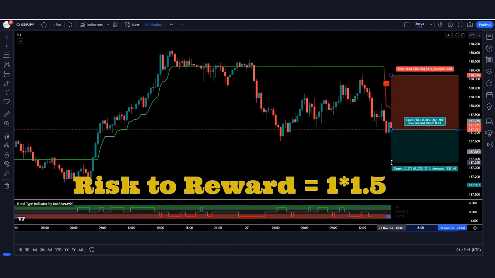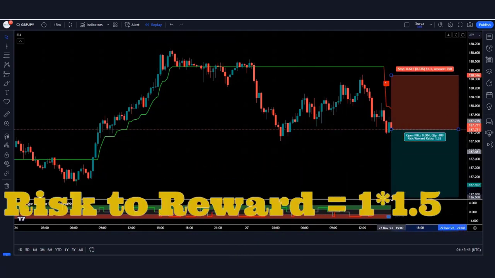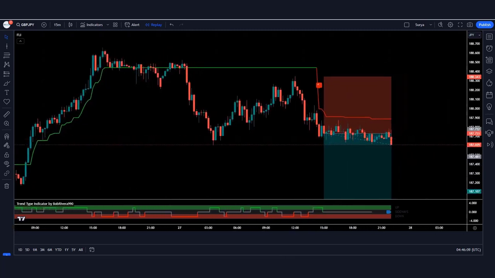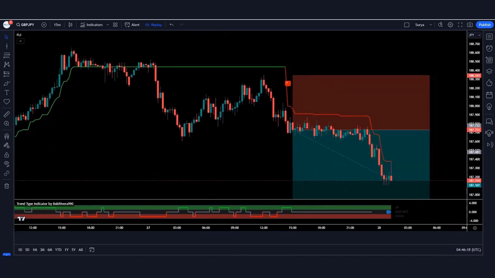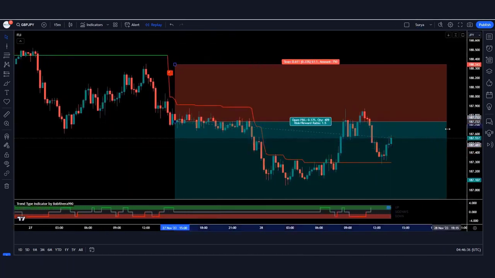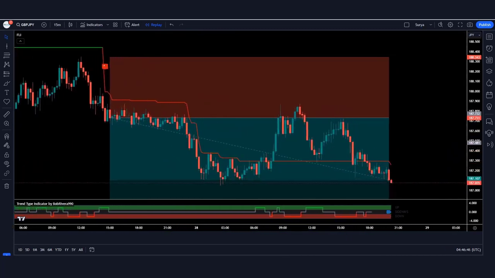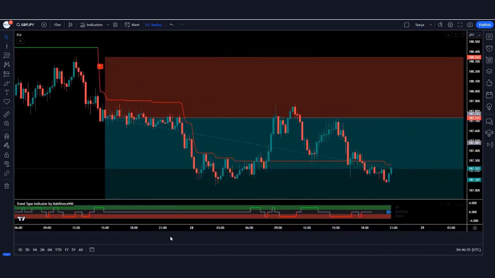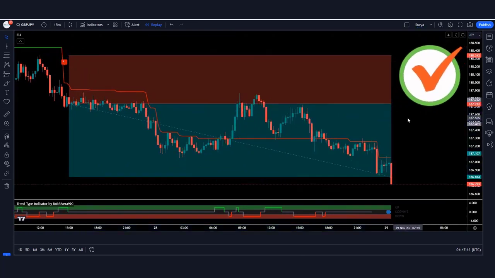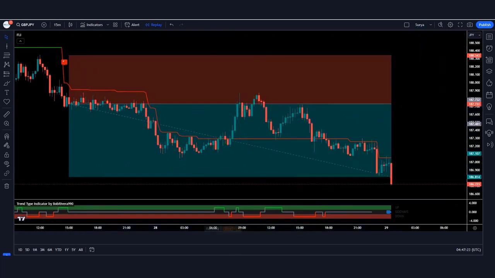And the risk to reward ratio will be 1:1.5. The market is completely on target. Let's see the next trade.